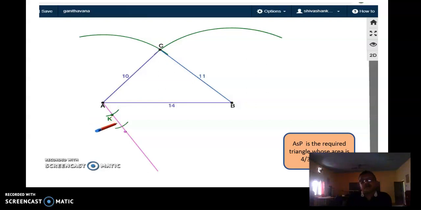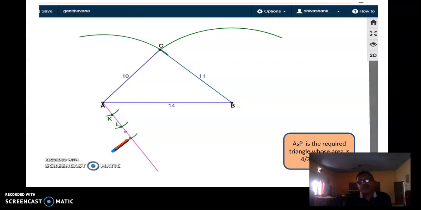That is L. So now from L, by using compass, draw another arc which is M. We require one more.